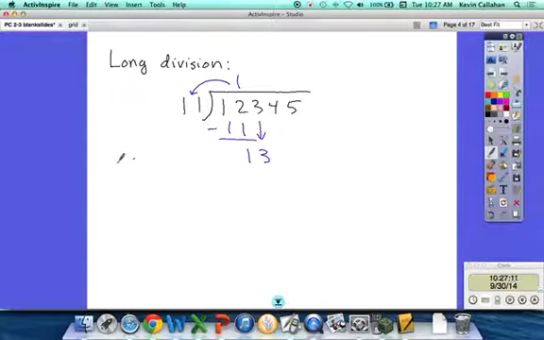The 2 times 2, put the result here, and add. So 2 times 2 is 4. Negative 4 plus 4 is 0, okay? So when you've done the whole process, you're going to bracket off that last number. That's your remainder, okay? That's always the remainder.